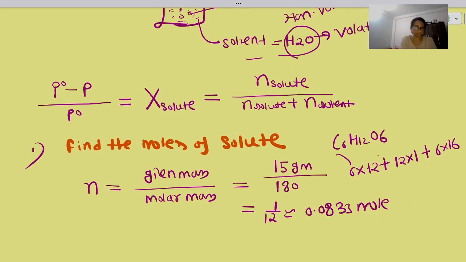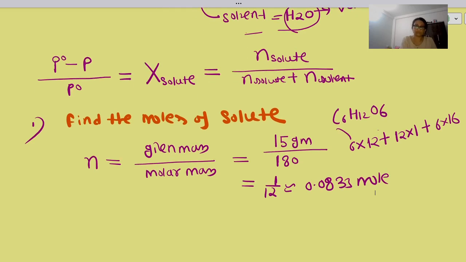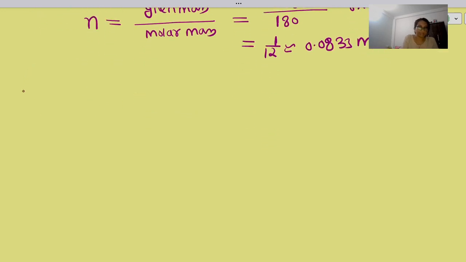Now the calculation of the moles of the solvent. Again we will use the formula for the number of moles, given mass of the water divided by molar mass. 250 grams of solvent is present in our solution, divided by the molar mass of water, which is 18 grams.